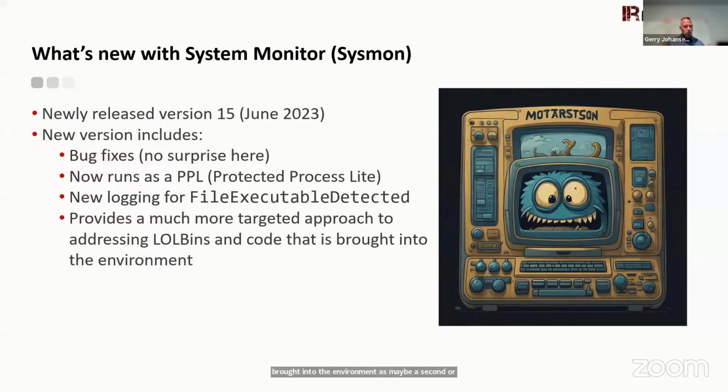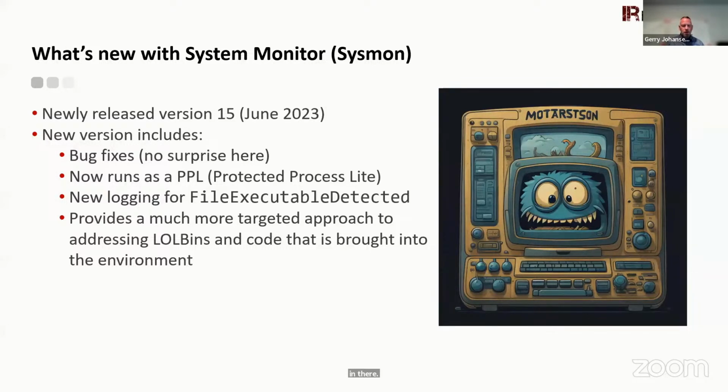So for example, we're going to look at BloodHound or SharpHound as the executable that's pulled in to map an Active Directory environment. If that's pulled in and just placed on the file system and not executed, we didn't see that. So we may have cut off threat actor behavior and not realized that they had brought an additional tool set in there. And if we're trying to clean up systems to redeploy, we may have left some of their tooling behind.